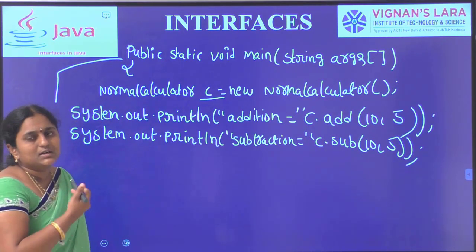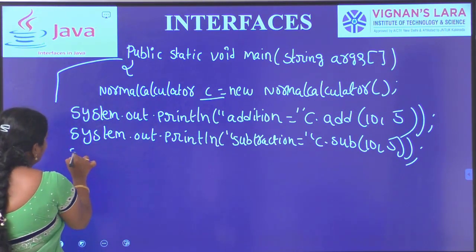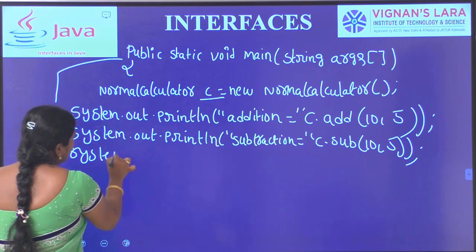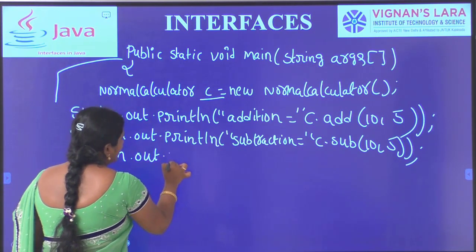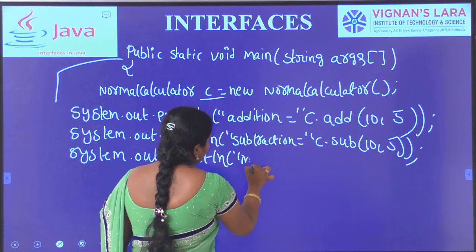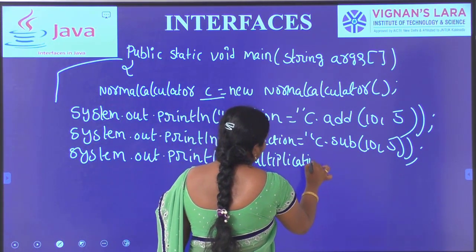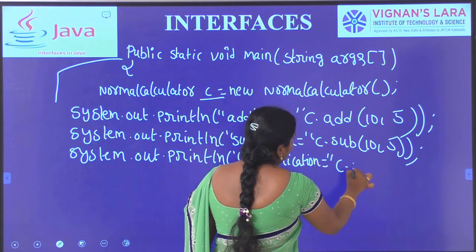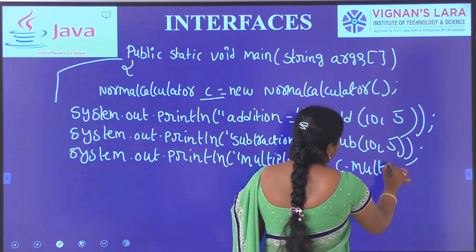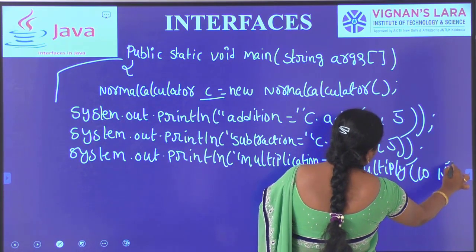I want to print multiplication of two numbers and division of two numbers on the console. Here I am writing the System.out.println statement. Multiplication equal to c dot multiply 10, 5.